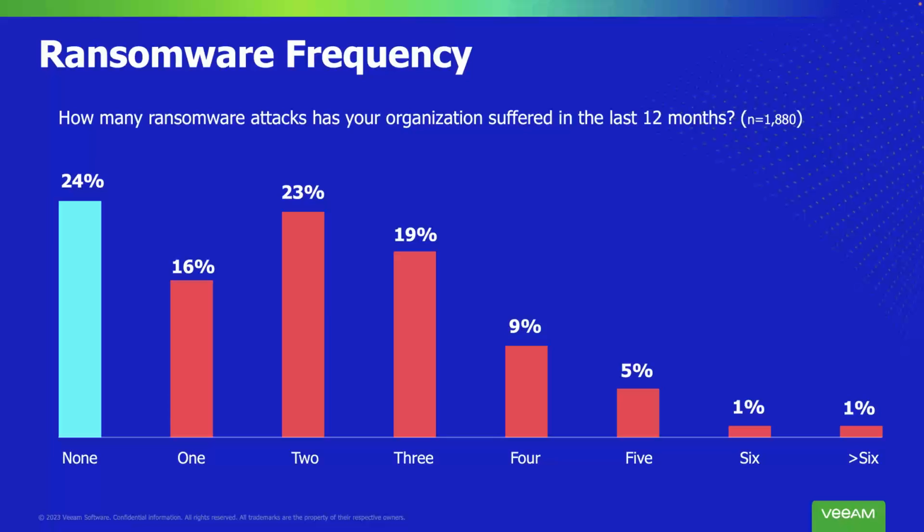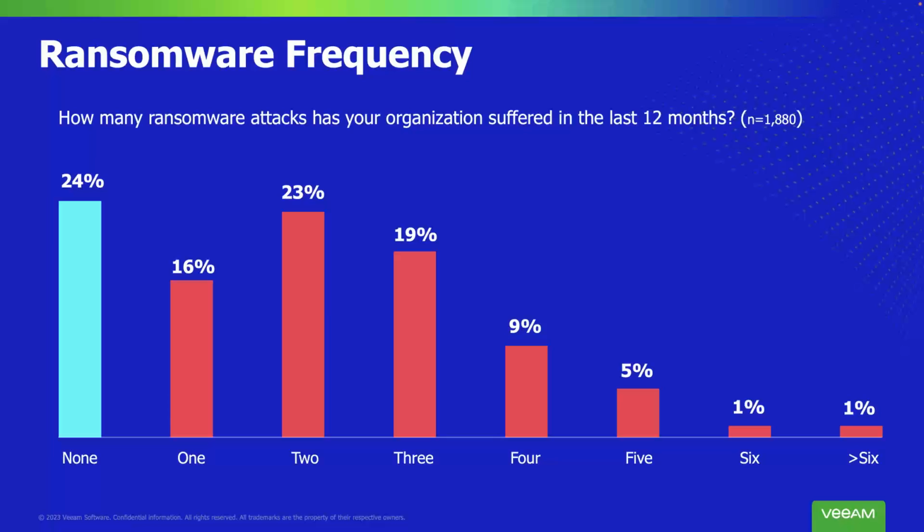Out of that, in 2022, 24% did not have any ransomware attack, or they are not honest. Nobody knows, right? But at least 16%, about 76 of them, suffered one ransomware attack. As this chart has shown you, at least one attack has happened to the organization.